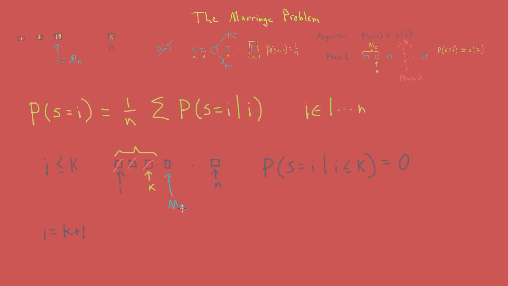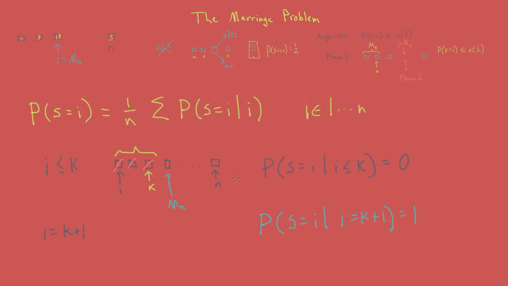What's the probability that our algorithm selects S equals I equals k plus 1 when m sub n is the k plus first element? Again, by the specification of the algorithm, phase 2, we select the very first element whose value is greater than m sub k, and since by definition m sub n is greater than m sub k, we'll always select m sub n. So in this case, our probability of success given I equals k plus 1 is 1.